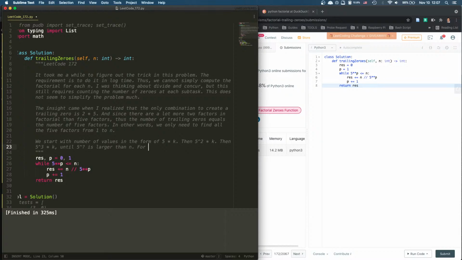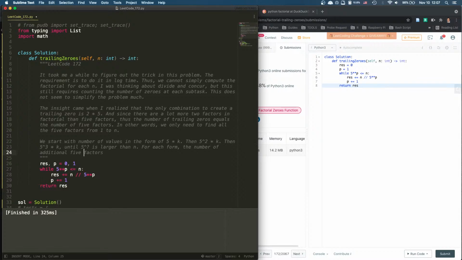For each form, the number of additional 5 factors, that's the key, is n divided by 5 to the whatever power.